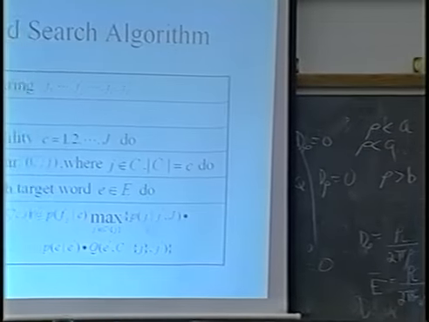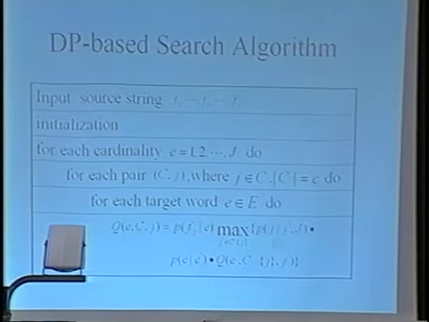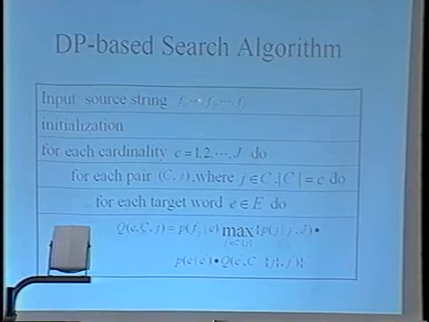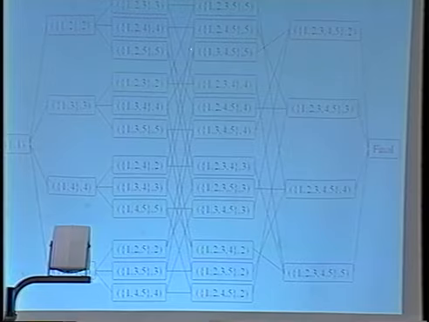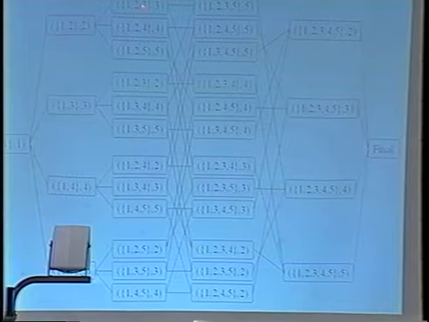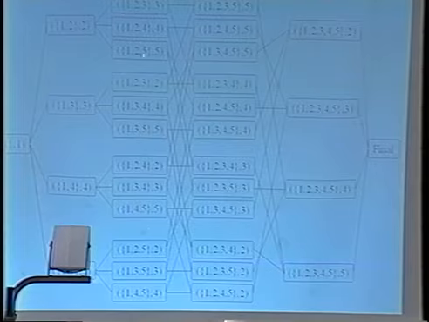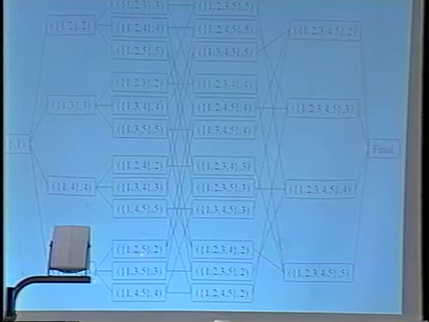So that's how this recursive equation is evaluated. I have an input string of length j, and I evaluate this equation in what I call cardinality synchronous evaluation. What this means is I generate the hypotheses in the search process one column at a time, so that all active hypotheses cover subsets of a given cardinality.